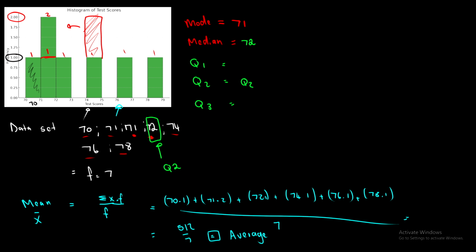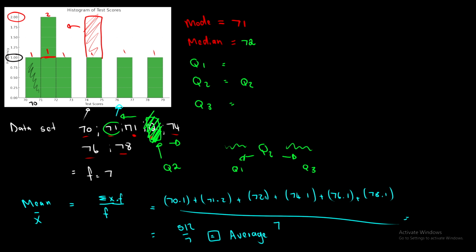When you have an odd data set, you want to divide it into two separate data sets. So here you have 3 to the left and 3 to the right. Q1 is the median of the left side of your Q2, and Q3 is the median of the right side.